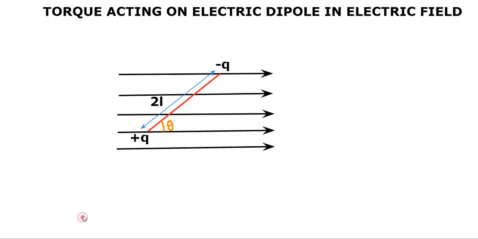Both are in opposite directions. Let me show you the diagram. One force would be in this direction and one force would be in this direction. These forces are equal and opposite, because of which it rotates.